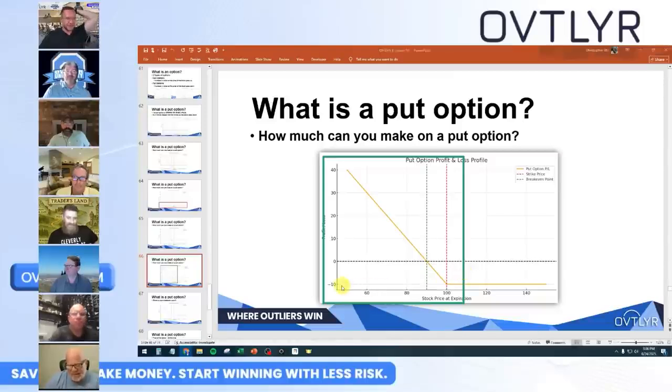I was reading right to left, or left to right, I mean. Okay, this is the price of the stock, and this would be how much you paid for it. The asterisk in this case would be the fact that the underlying stock price can only go down to zero. So that's the maximum you can theoretically make from it. Nailed it. Deep Thought nailed it.